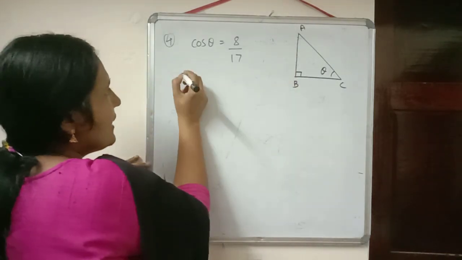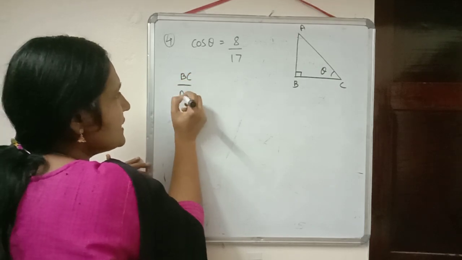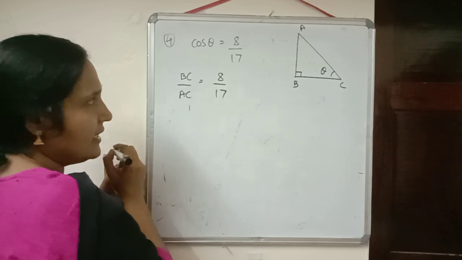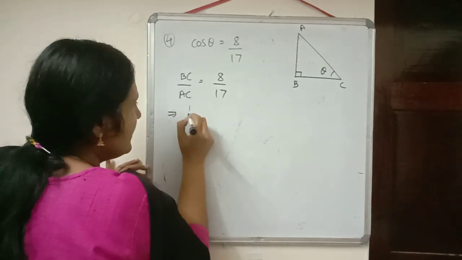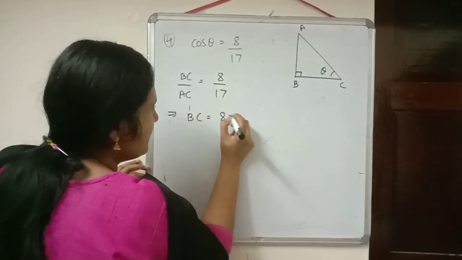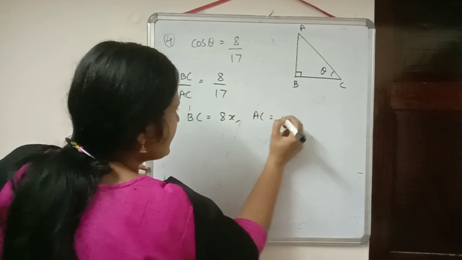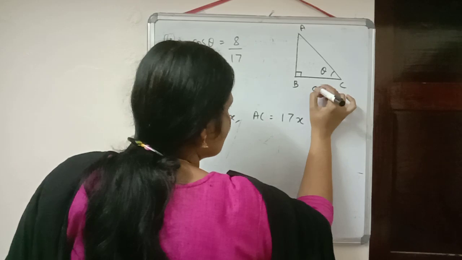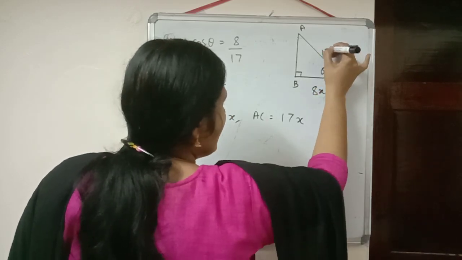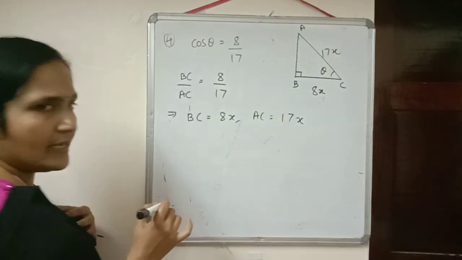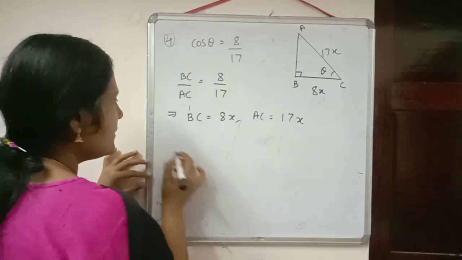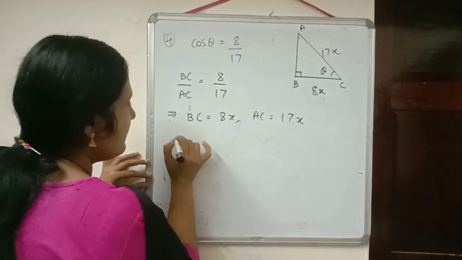So BC by AC, we are getting BC by AC is equal to 8 by 17. So from here what we can write? Yes, BC is equal to 8x and AC is equal to 17x. So mention here BC is equal to 8x, AC is equal to 17x. Now what we will do? We will calculate AB.